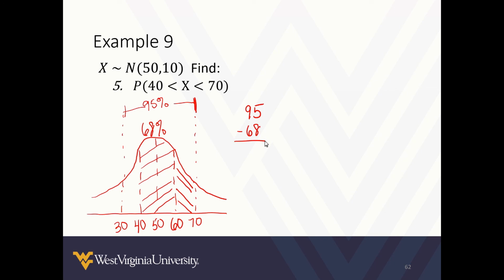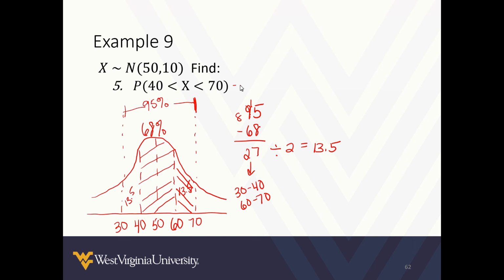So if we take a moment and subtract, we can see that 27% of our data is between 30 and 40 and 60 and 70. If we once again cut it in half, we would see that each of our sections of interest are 13.5%.